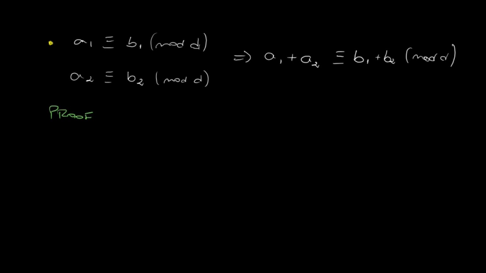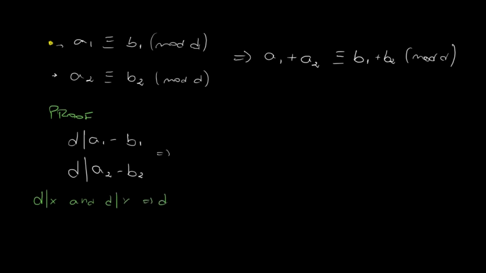We know these two things. So this tells us that d divides a1 minus b1, and also d divides a2 minus b2. And we saw in a previous video that if d divides x and d divides y, then d divides x plus y.